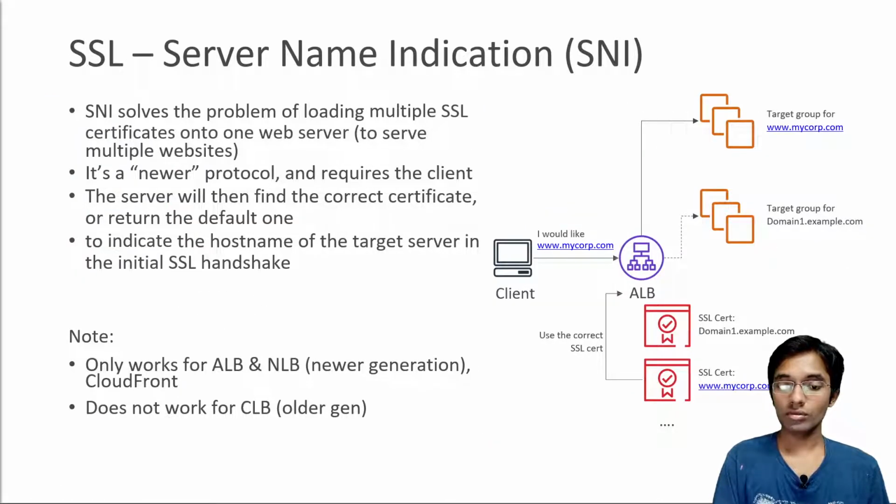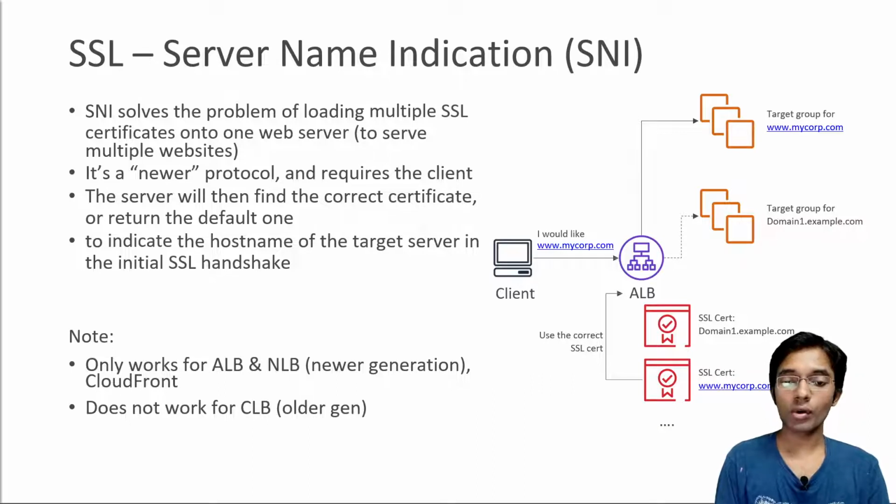Now we will go on to SNI, Server Name Indication. The idea is that SNI solves the problem of loading multiple SSL certificates onto one web server, which allows you to serve multiple websites from that one web server.